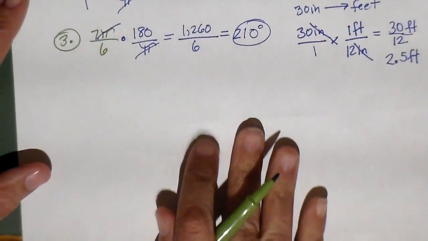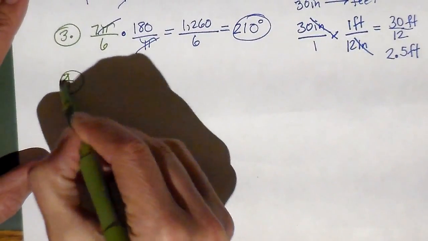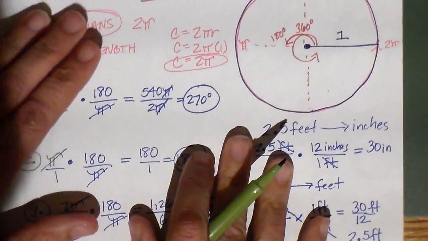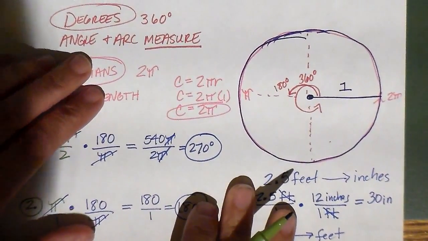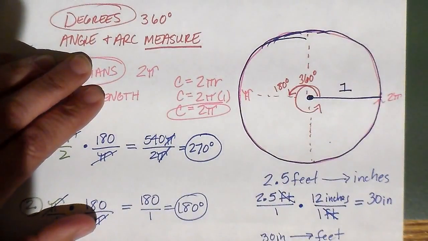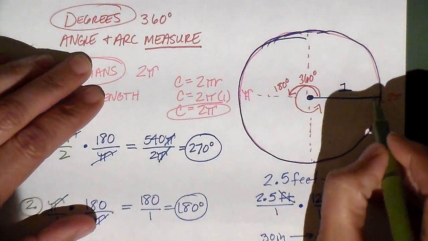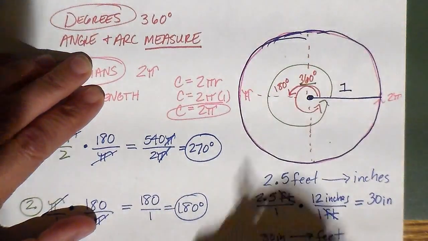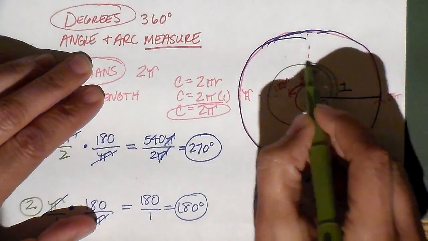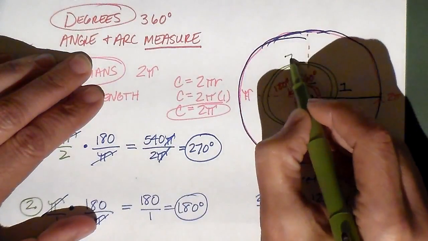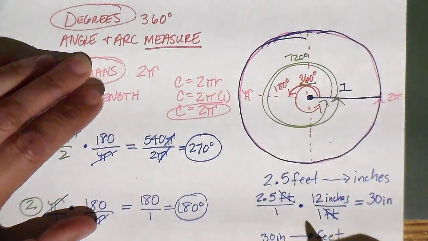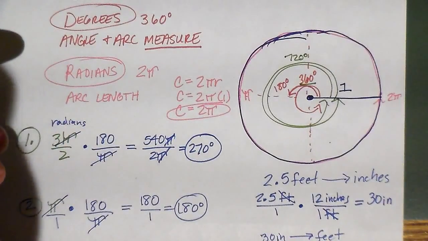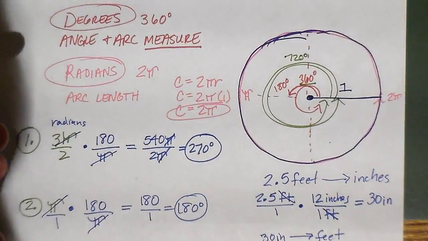Now, I want to do one extra example because sometimes we're going to get things that are bigger than 360. Look at the circle. Think of this as a tire on a car. If I go 1 revolution, I've gone 360, right? But if I go 2 revolutions, I've now gone 720, right? Think about the Olympics, the snowboarders. They do 900s and 720s and all of those.